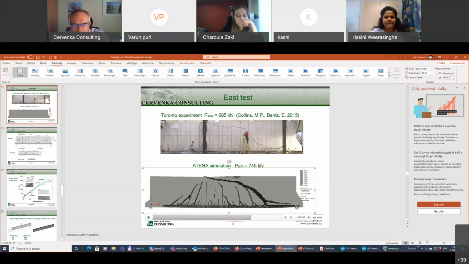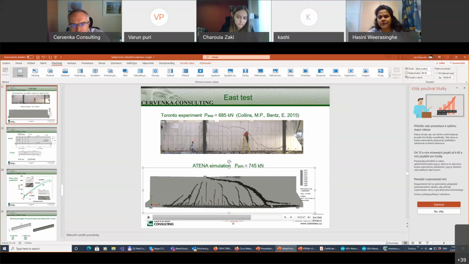This is another interesting feature: this ATENA model, or not only ATENA, but any good nonlinear model, when you have a sufficiently fine mesh, can actually capture even the reinforcement bond failure, because the reinforcement bond failure is usually a cracking failure of the surrounding concrete.